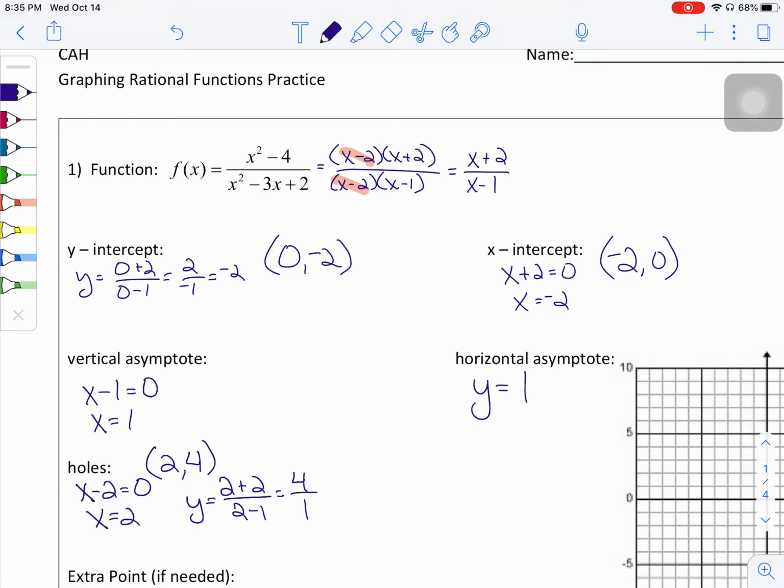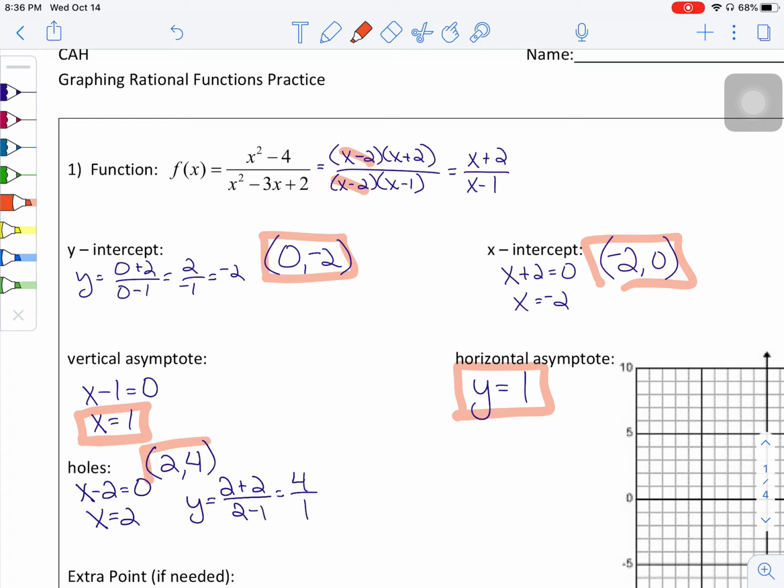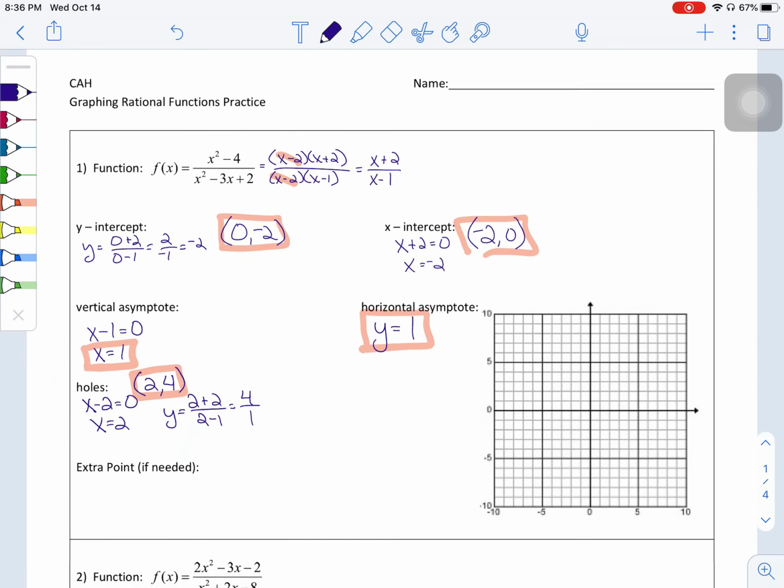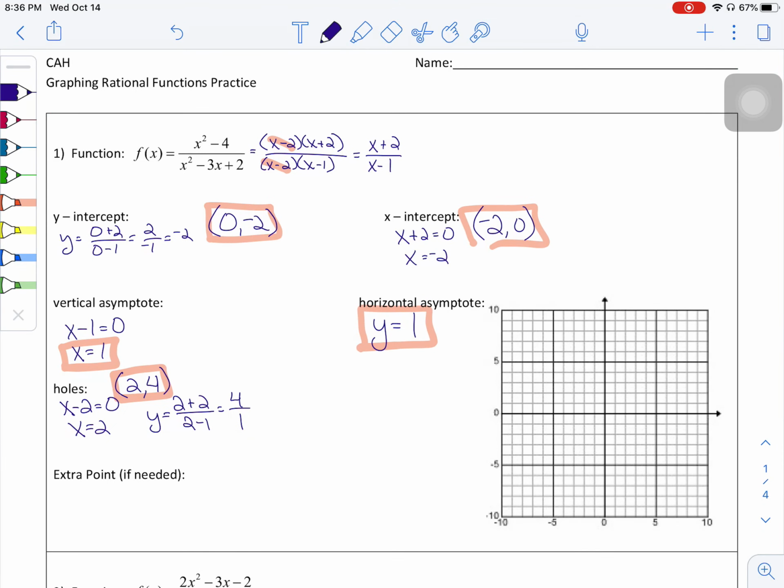All right, so I am now going to take my y-intercept, my x-intercept, my vertical asymptote, horizontal asymptote, and my discontinuity and graph them. So (0, negative 2) on the y-axis, (negative 2, 0) on the x-axis.